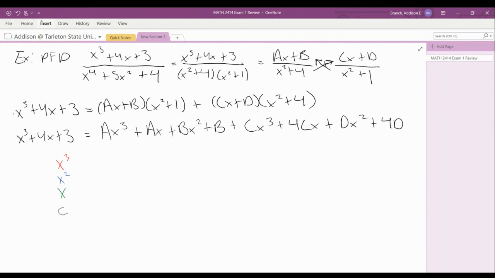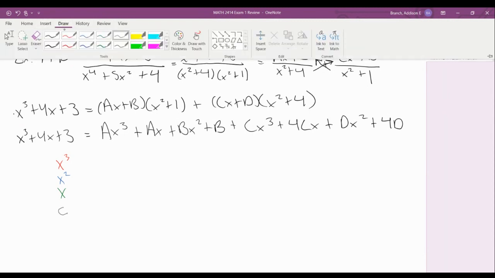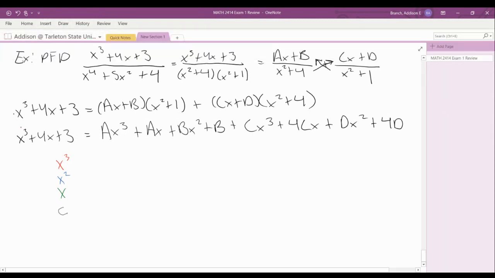On one side of the equation, we know our coefficient for x cubed is 1. So now we need to see what terms of x cubed could get us to that coefficient of 1. We have an a and we have a c.